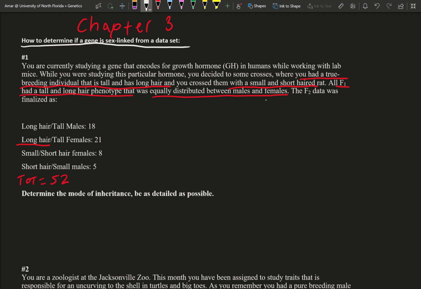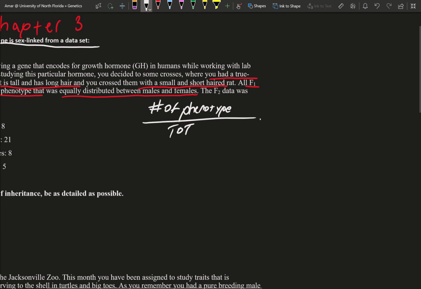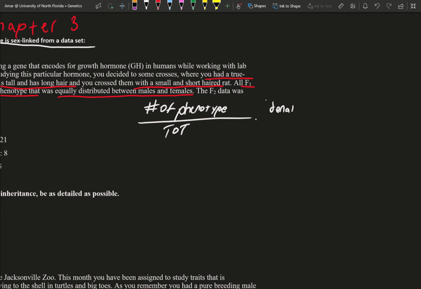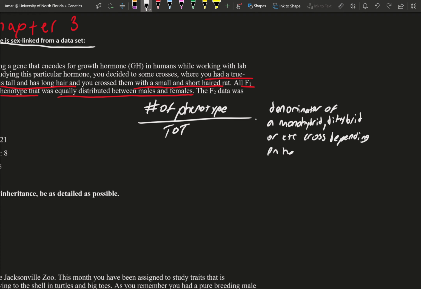So basically, the number of the phenotype divided by the total, and you multiply this by the denominator of a monohybrid, dihybrid, etc., depending on how many genes are present.